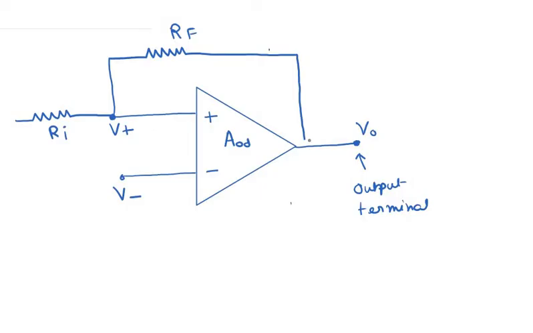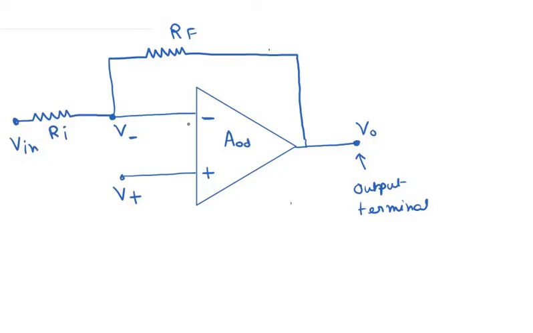This is a closed loop configuration of an op amp. In most cases we would make the closed loop at the inverting terminal, connecting the feedback resistor there. Let us call this voltage V in.